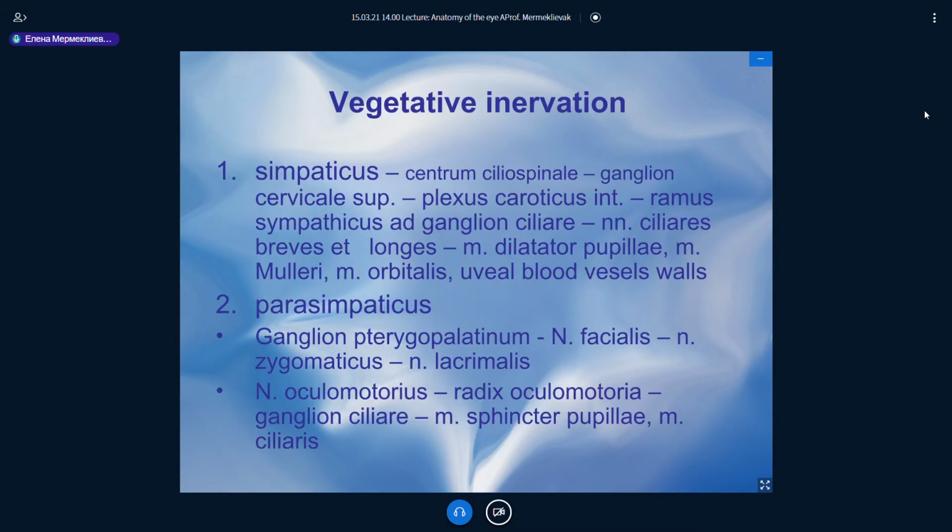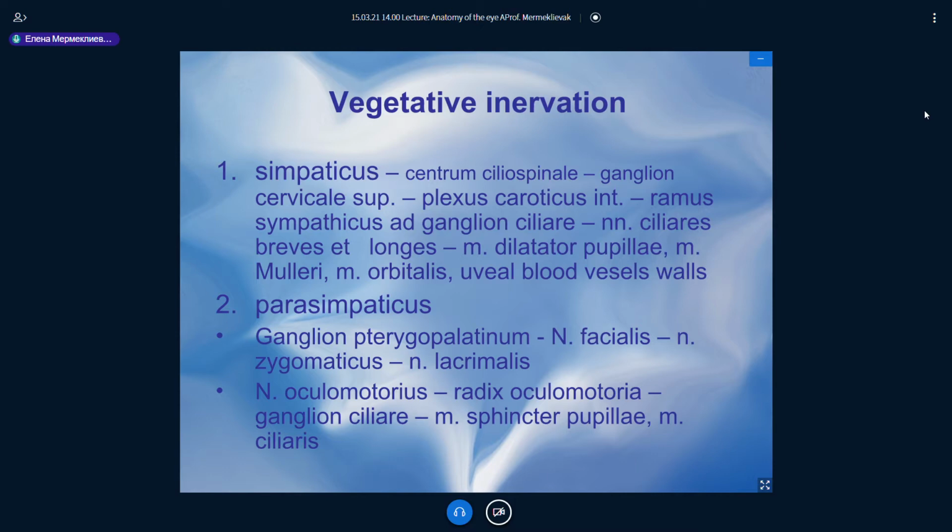We have sympathetic and parasympathetic innervation. The sympathetic innervation starts from central cerebrospinale through ganglion cervicalis superior, through plexus caroticus internus, ramus sympathicus at ganglion ciliare, nervus ciliaris brevis and longis.